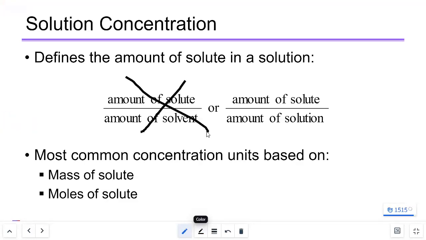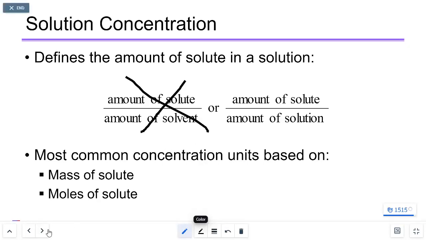For this course, we're not going to need that kind of fine tuning. That's something you'll see in Chem 106, those of you that have to take it. For the most part, we're going to focus on this kind of calculation over here on the right, which concerns how much solute is there compared to how much solution is there. And there are really two directions that we can go off of this kind of calculation. One is based upon masses, and one is based upon moles.